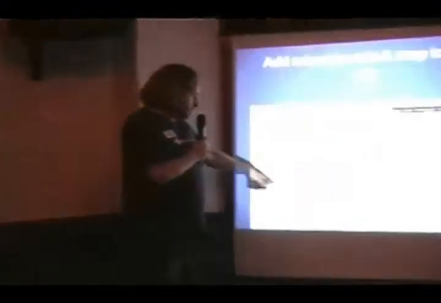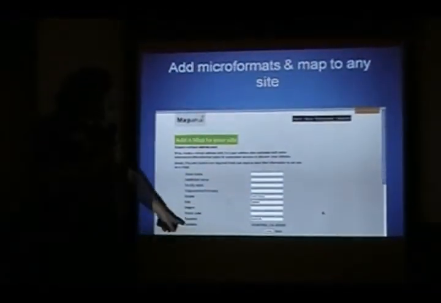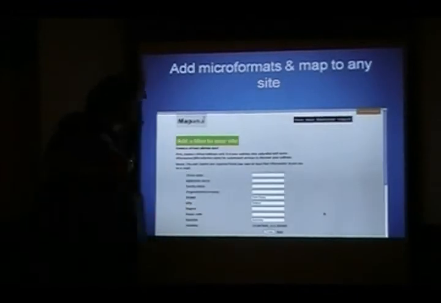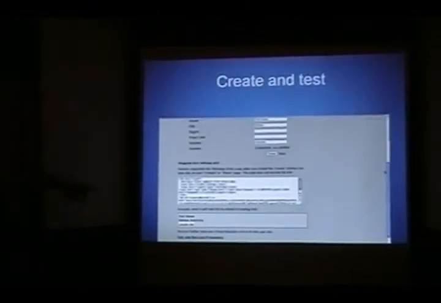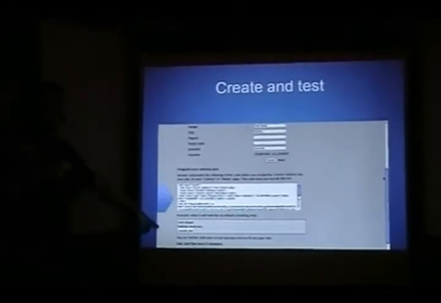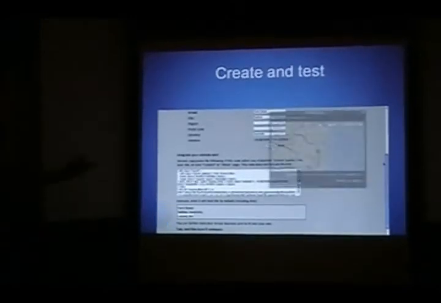You can also easily add a map to your site and a virtual address card. The minimum information is street, city, and country. It automatically looks up the geolocation, and then it generates the HTML for you, and then you can test it right at that page to see if the location is where you want it to be.